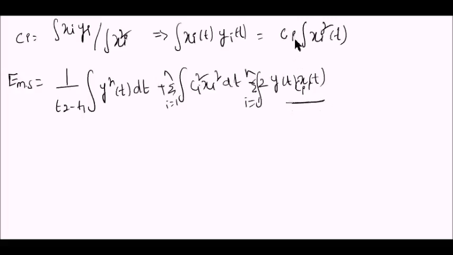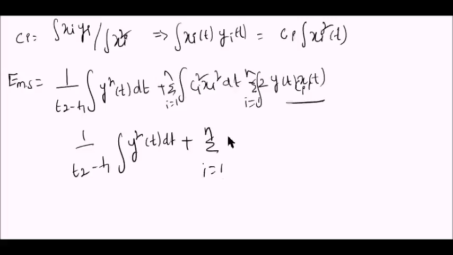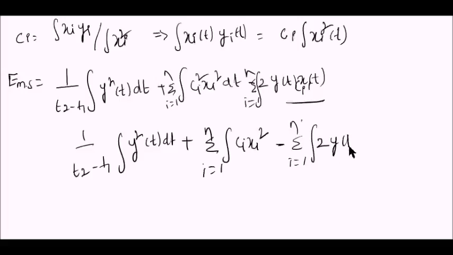So 1 by t2 minus t1 integral y square of t dt plus summation i equals 1 to n integral ci square xi square, minus 2 into ci square xi square.